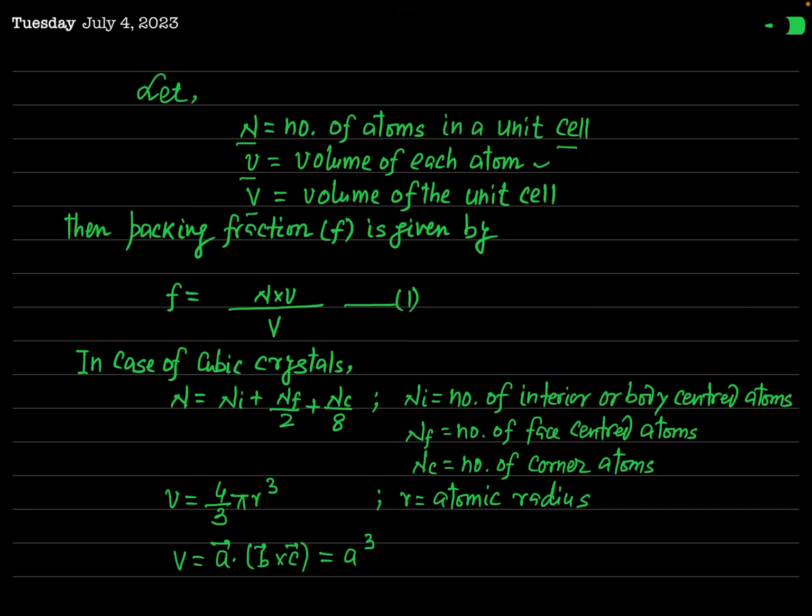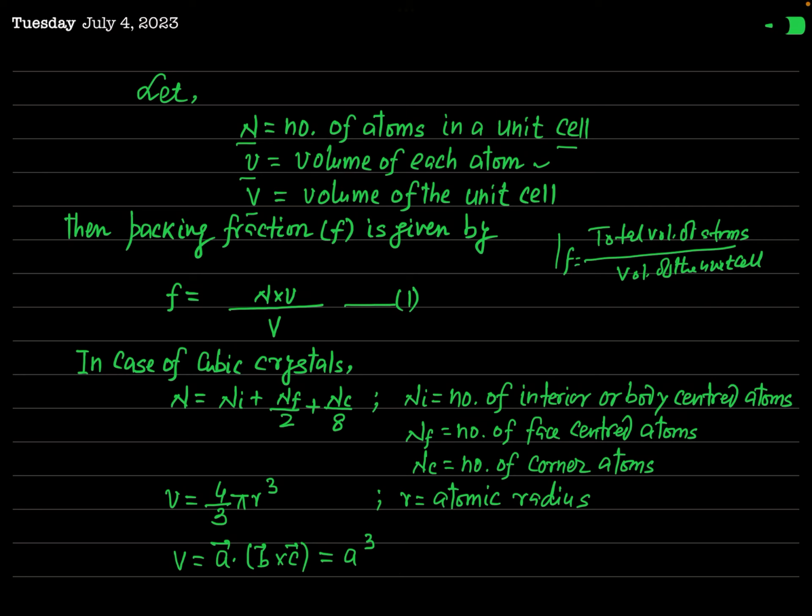Now I have defined the packing fraction as the total volume of atoms in a unit cell divided by the volume of the unit cell. This is the definition of the packing fraction F.